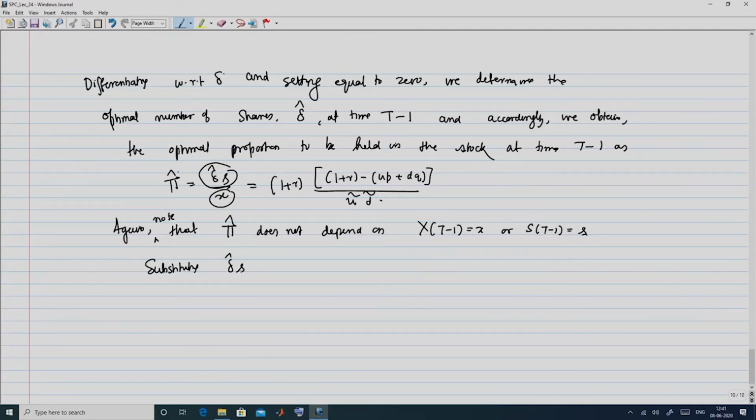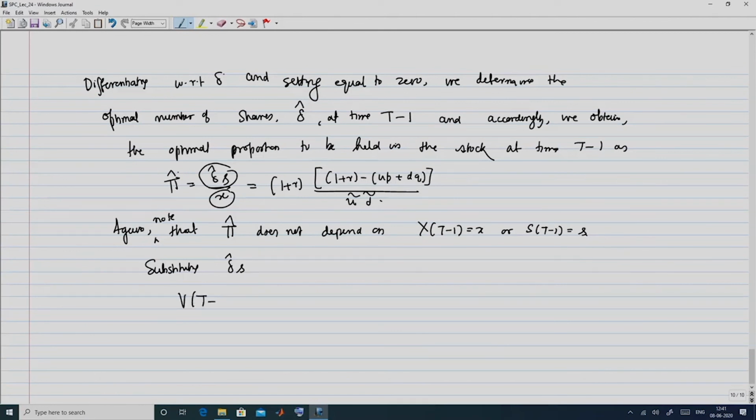So, I will substitute this delta hat of s in the expression for v of t minus 1. We get that v of t minus 1, x is going to be nothing but log of x plus p log of 1 plus r plus pi hat u tilde, plus q log of 1 plus r plus pi hat d tilde.